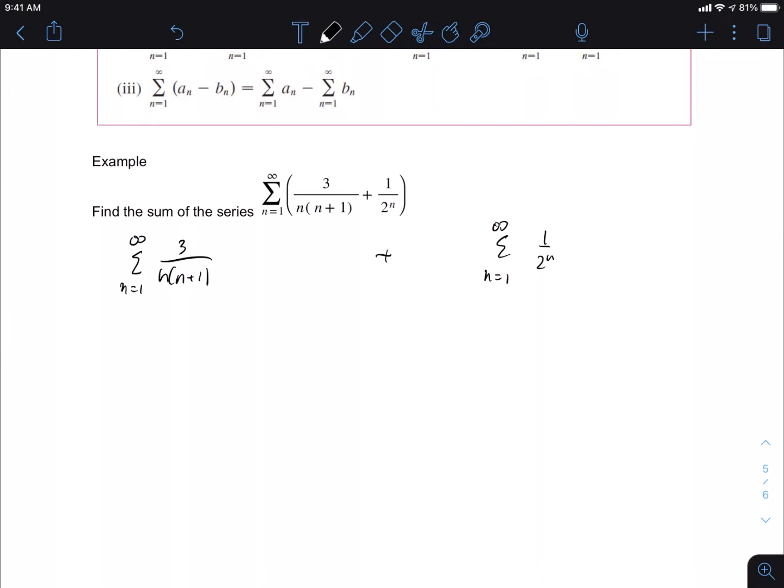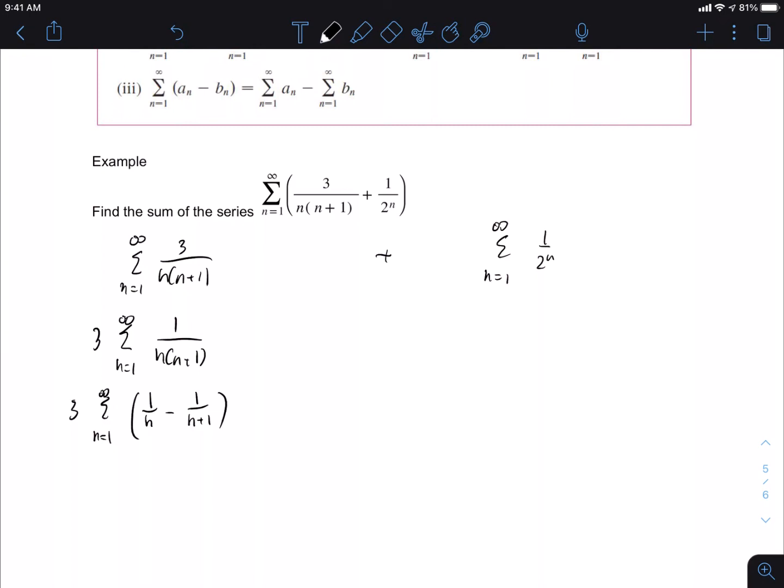Now, with this first one, there's a 3 there. I can pull the 3 out, right? That's the rule that tells me that I can do that. And then I'm going to break this down by partial fraction decomposition. I'm going to get the sum from n equals 1 to infinity of 1 over n minus 1 over n plus 1.